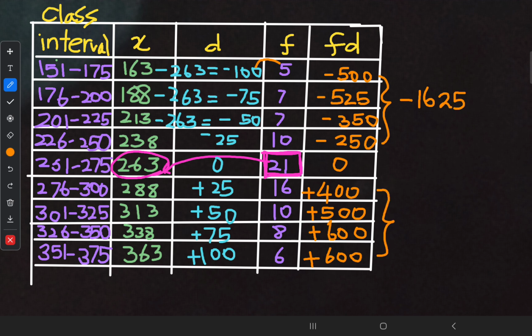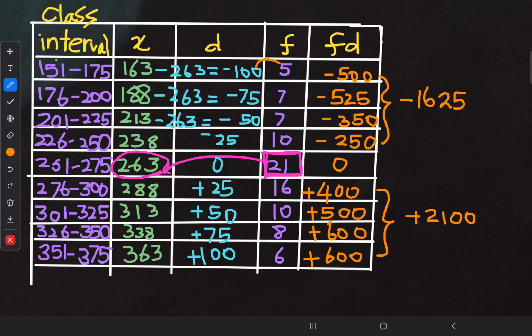Then let's get the summation of the positive values. 400, 500, 600 and 600 will give you positive 2100. Positive 2100 should be our summation of positive FD values.